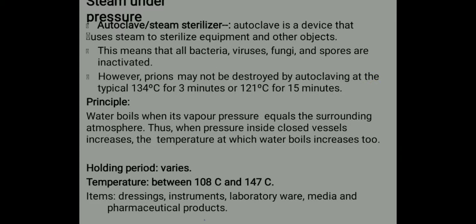Next we have steam under pressure, autoclave or steam sterilizer. An autoclave is a device that uses steam to sterilize equipment and other objects. This means that all bacteria, viruses, fungi, and spores are inactivated.